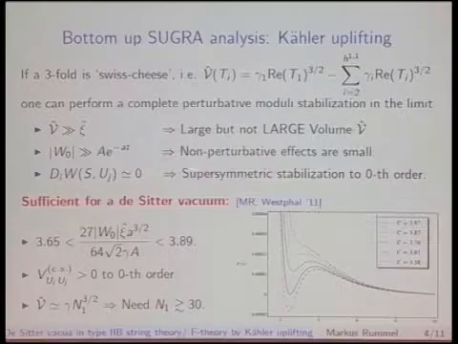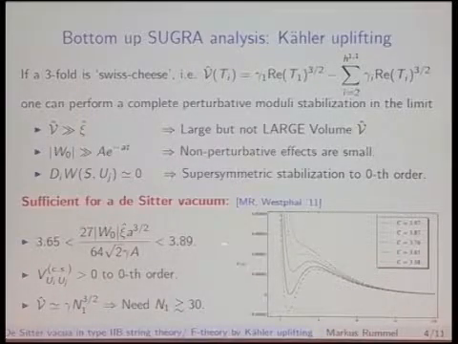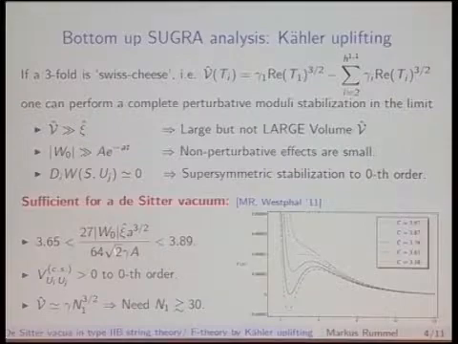Non-perturbative effects are small compared to the flux superpotential, and you supersymmetrically stabilize the dilaton and complex structure moduli to zeroth order. And then, I think Joke also showed this already, for one modulus you can make a very simple form of the scalar potential, which is just two terms basically, and your condition for de Sitter is just given by this constant C. So it tells you what parameters you have to realize in order to go from AdS to de Sitter before it eventually becomes a runaway.